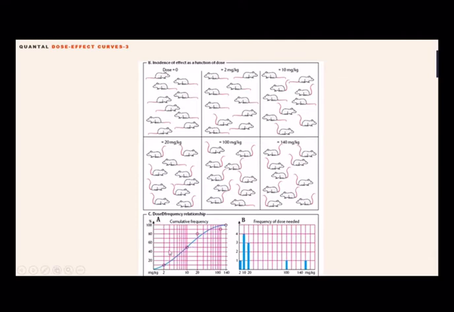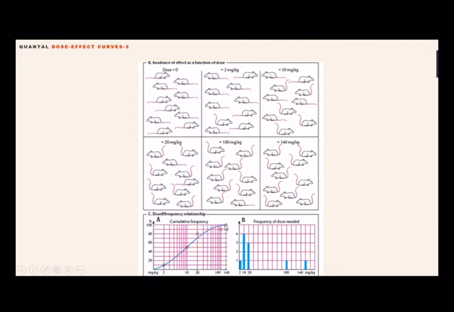Look at graph A. The abscissa is dose. The ordinate is cumulative frequency distribution. At the first dose, only one animal responds. At the second dose, in cumulative frequency distribution, 1 plus 4 equals 5 animals respond. At the third dose, 1 plus 4 plus 3 equals 8 animals respond.